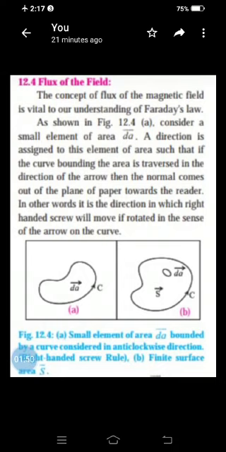So we have two diagrams. The first diagram shows a small element of area dA bar bounded by a curve which is considered in the anticlockwise direction, and the second diagram stands for a finite surface area S bar.